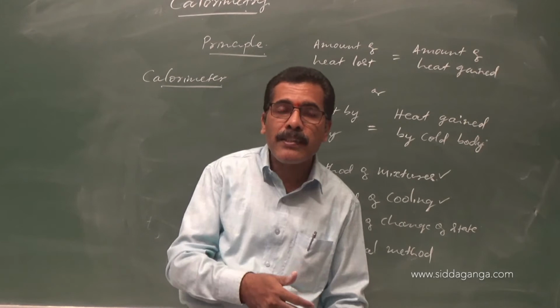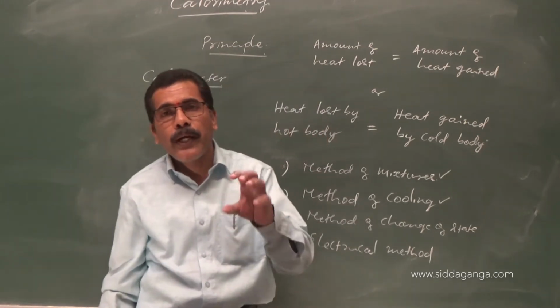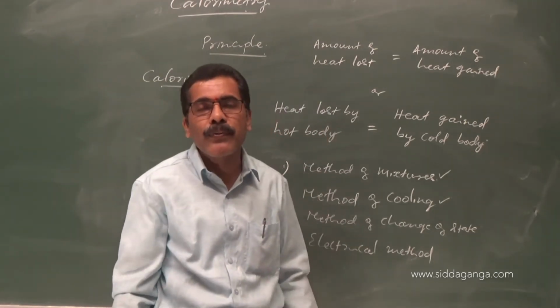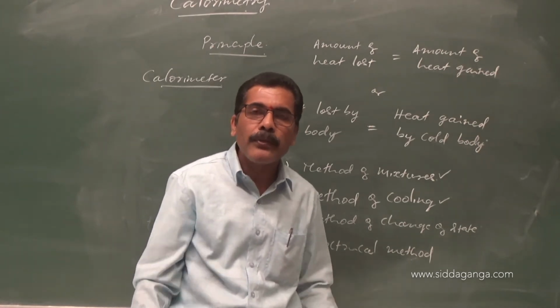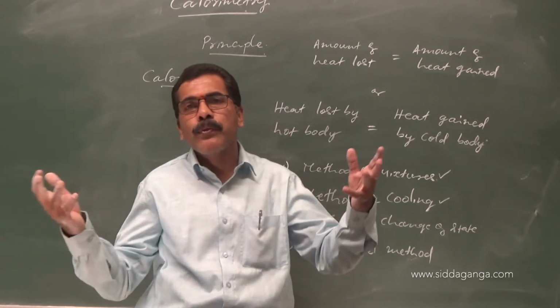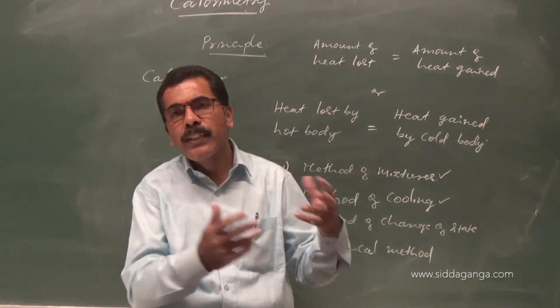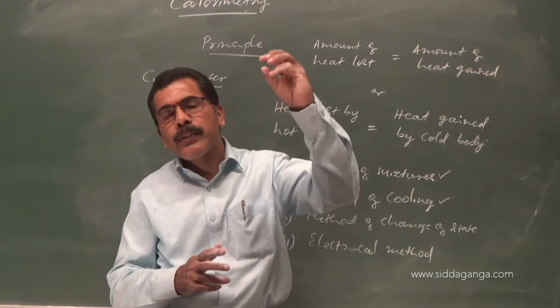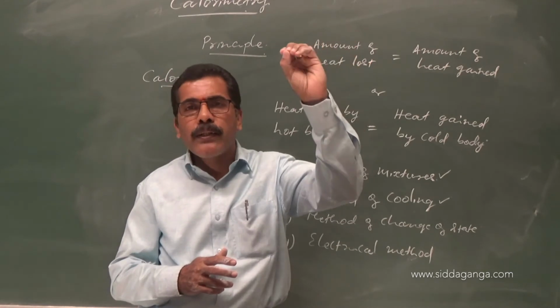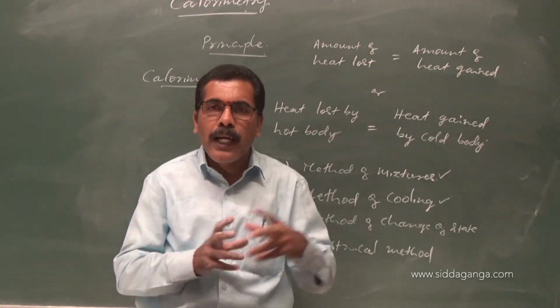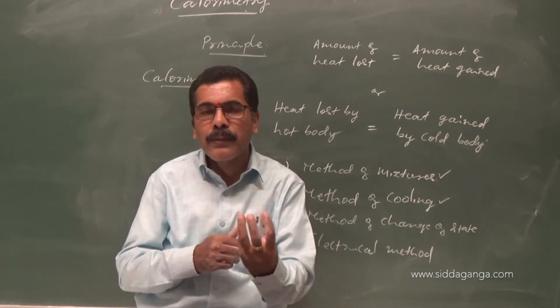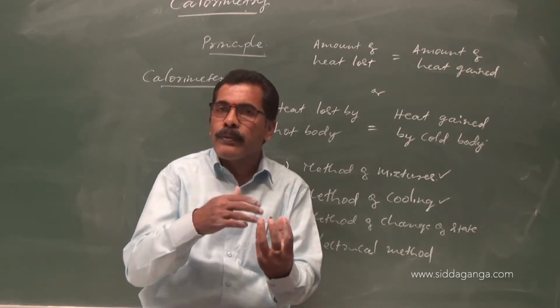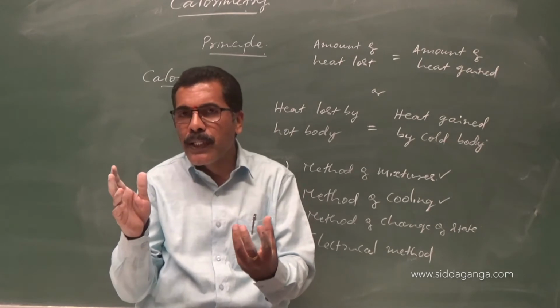By this instrument, you can determine the specific heat of a given solid. Either you can mix two different liquids and find the final temperature, or you can take a solid, heat it to a certain temperature, and put it inside the water in the calorimeter and note down the temperature of the mixture.